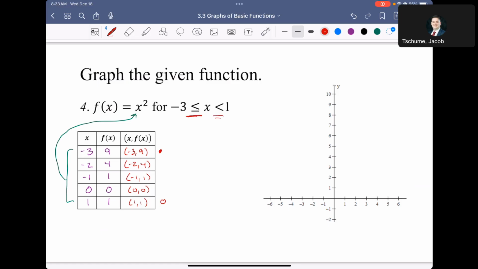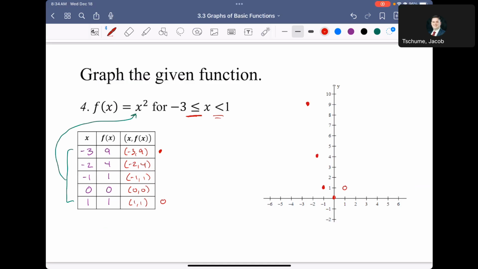And so when I plot these points, if I begin at -3, 9, which is way up here, this one's going to get a closed dot. Everything in the middle is nice. So -2, 4 is a regular point, -1, 1, 0, 0. And then when I get to the end point that did not have the equal sign, the point 1, 1, it's going to get an open circle.